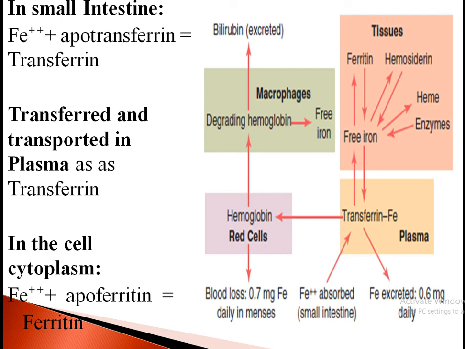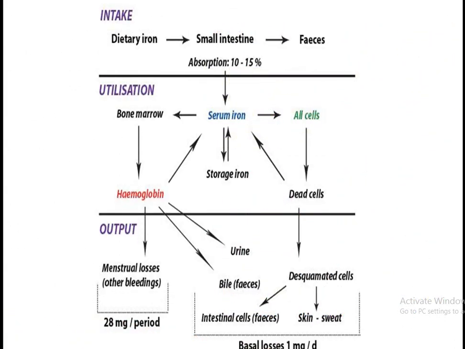In small intestine, iron is combined with the apotransferrin to form the transferrin, transported in plasma as transferrin, and in the cell cytoplasm, iron is combined with apoferritin to form the ferritin. Again, this is a very nice picture to show how we are taking iron, how it is absorbed, stored, and what is the further fate.